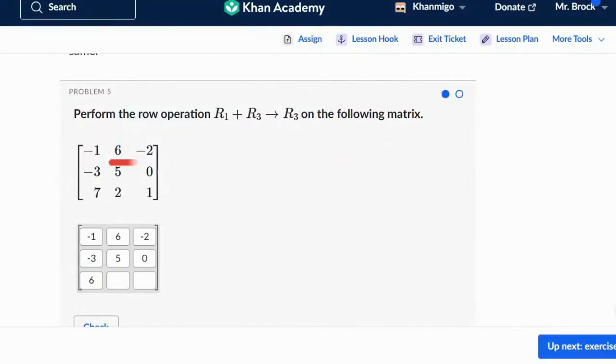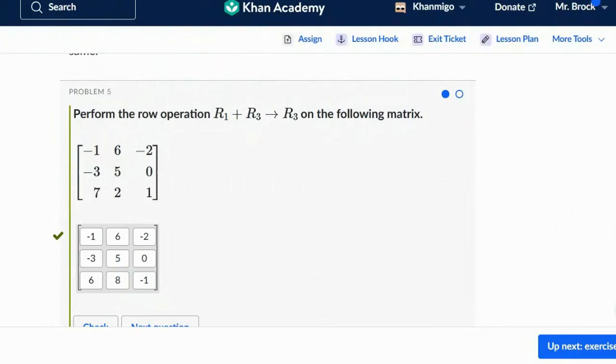Then if we add 6 and 2, take the first row and the third row, add them together. It's 8. It's -2 and 1. -1. Let's check that. Yeah.